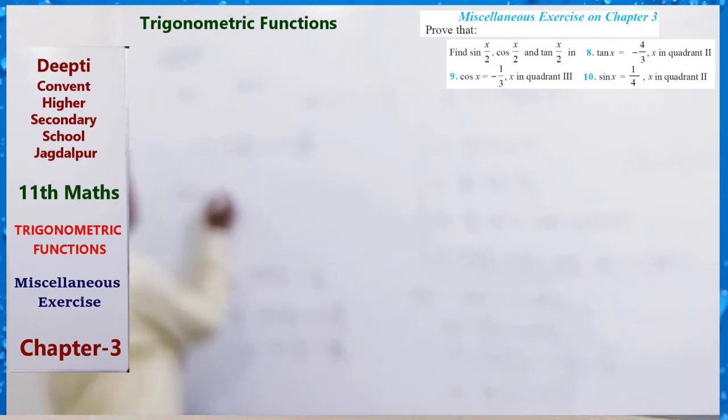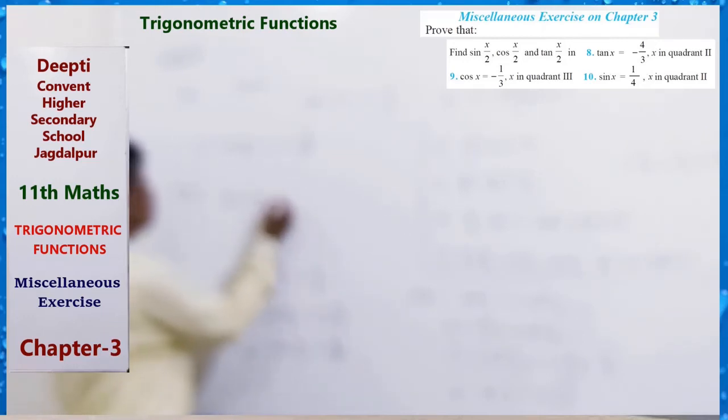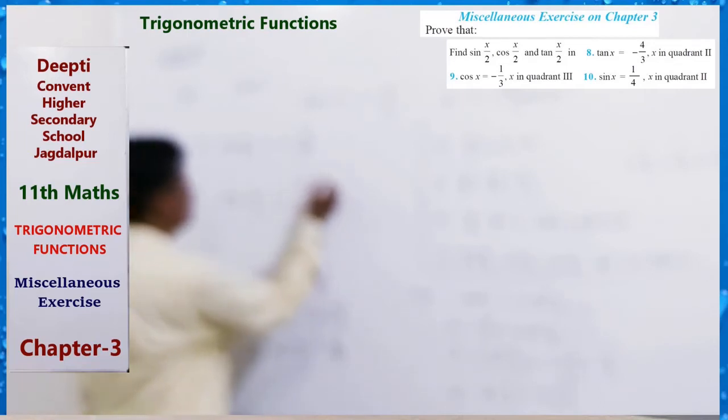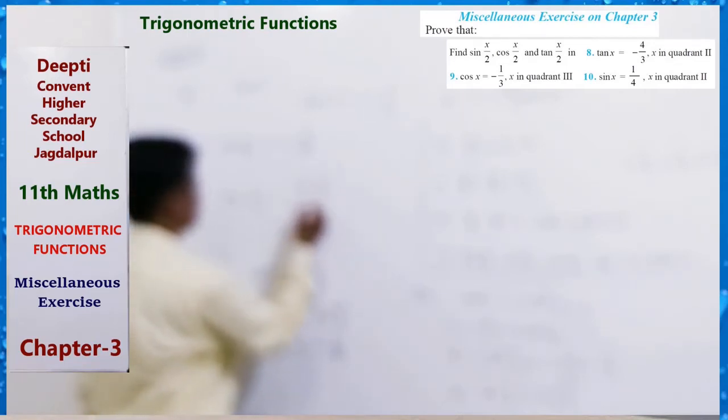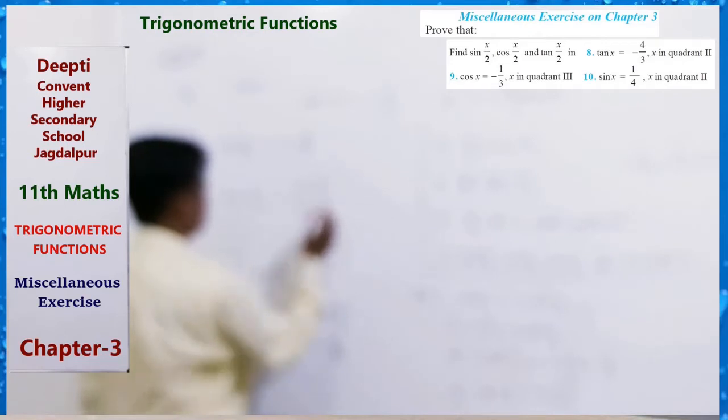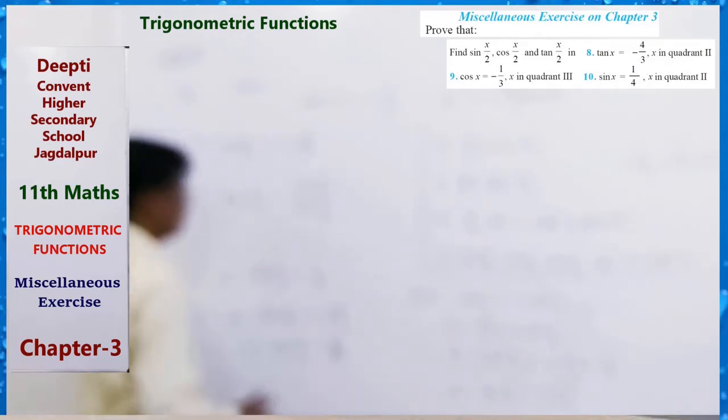Also tan x by 2 equals sin x by 2 upon cos x by 2.